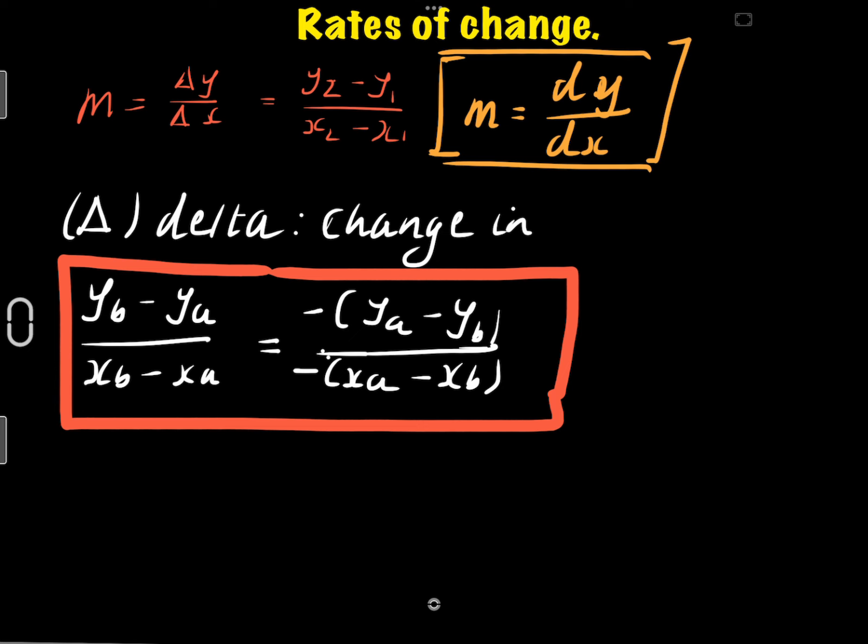Now we should be able to understand how this application works, especially when we work with the rates of change, especially when you are given, say for instance, a Cartesian plane, and you are to determine the rate of change or the gradient, the slope on a Cartesian plane of the two coordinates that are given.